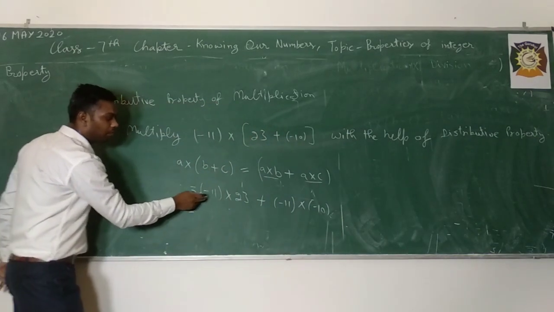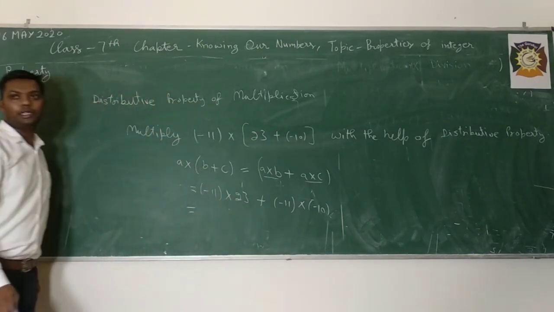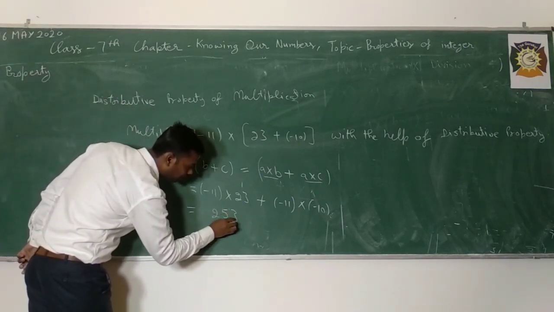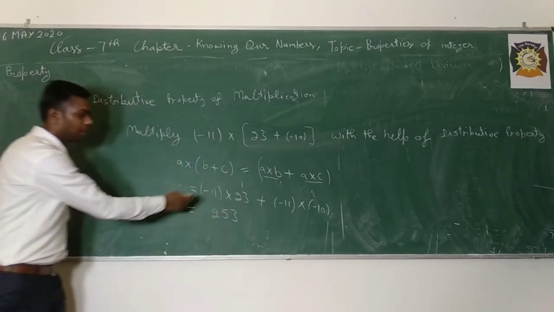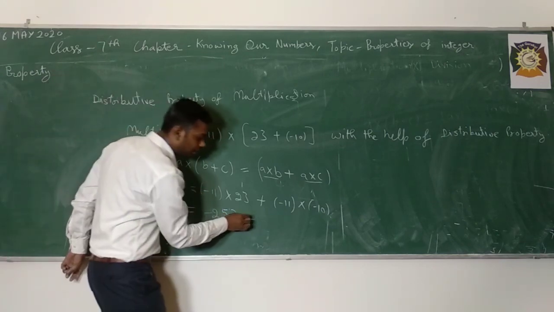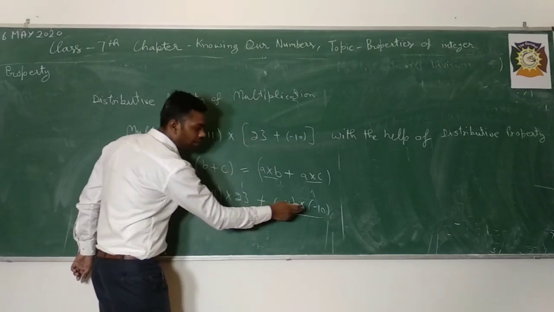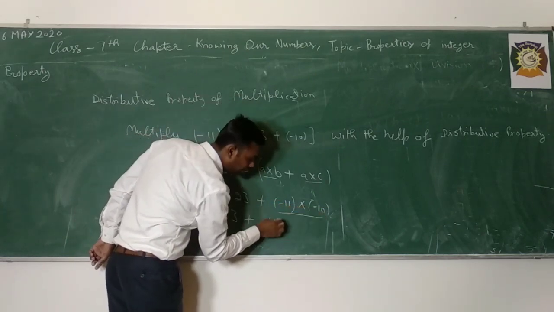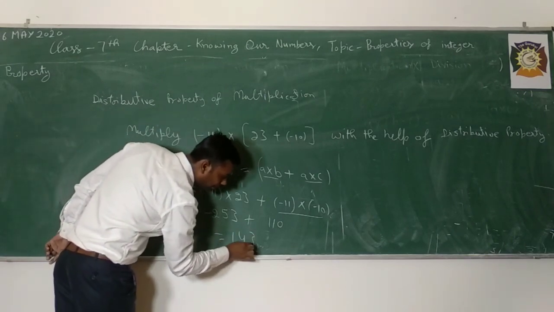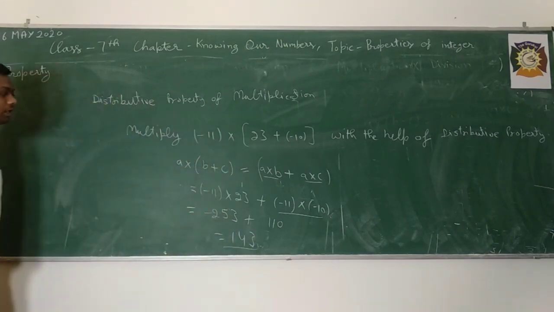Solve it. Minus 11 into 23 is equal to 253. The minus sign is there, so we put minus here. But here 11 into 10 is 110. Minus minus is plus, so we simply add them. 143 is our answer.